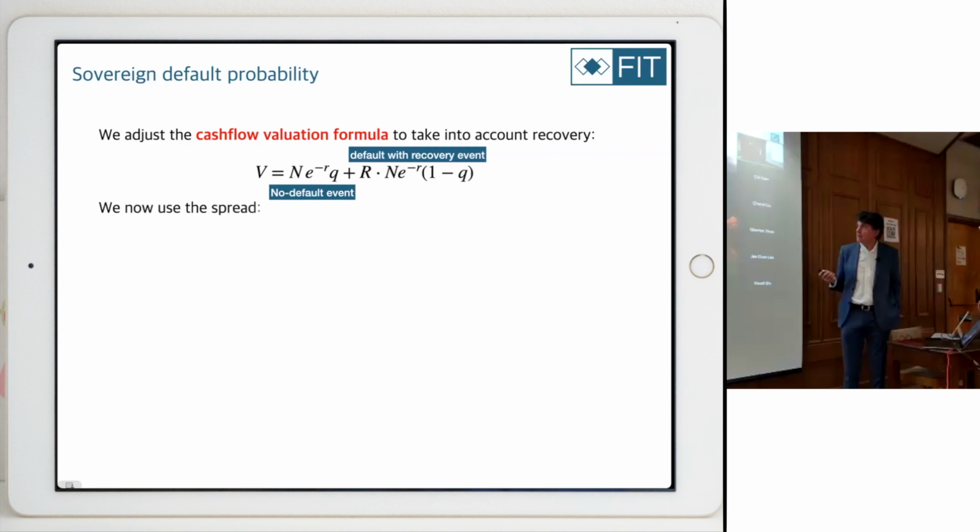And now I'm going to use the spread, which is given by that. And you see that's where the riskless interest rate comes in. In the case of Greece, that was considered to be the German rate. The advantage of Europe is you have different countries with the same currency and different probabilities of default and different yields.